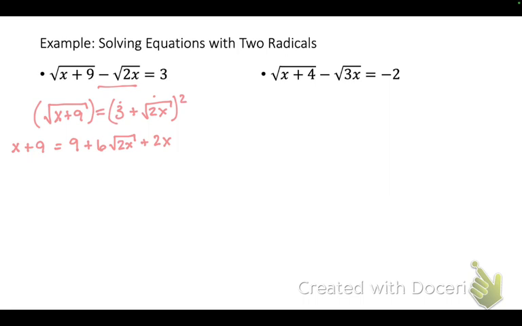So I'm going to subtract 9 and subtract 2x, right? So I get negative x equals 6 the square root of 2x. Everyone following? Why did I do what I just did?